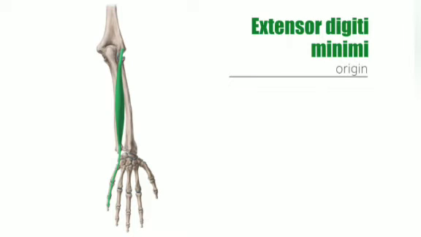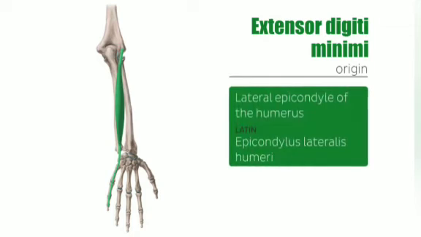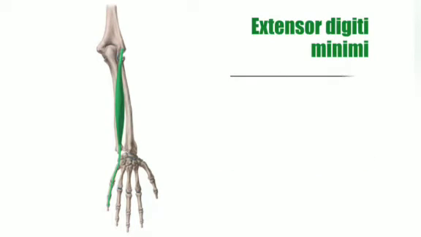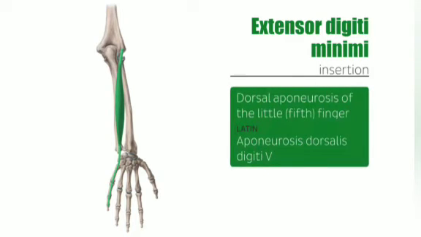As I mentioned before, it comes from the common tendon originating from the lateral epicondyle of the humerus. In terms of insertion, this muscle is going to be inserting in line with your little finger, or your 5th digit. So on the dorsal aponeurosis of the little finger.